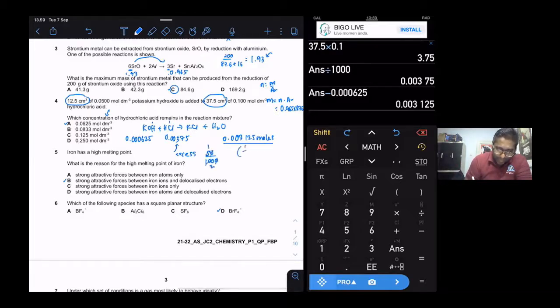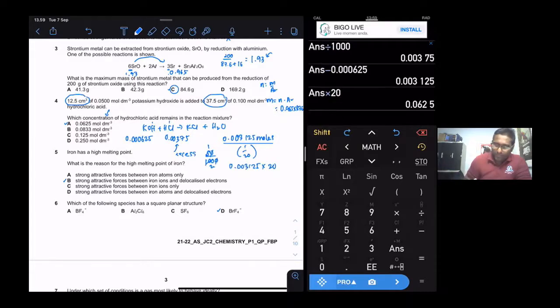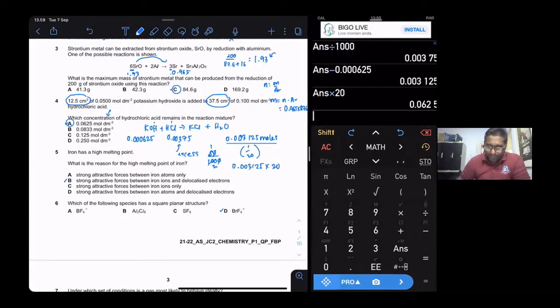So I just need to multiply my answer by 20. You will get 0.625 mole per dm cube. That's the answer. I think for now we can close this.